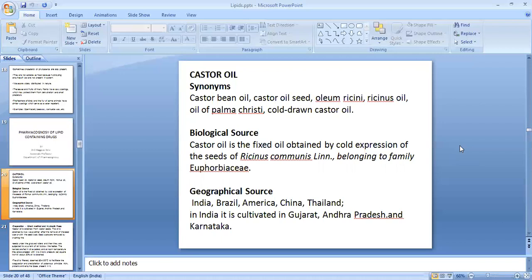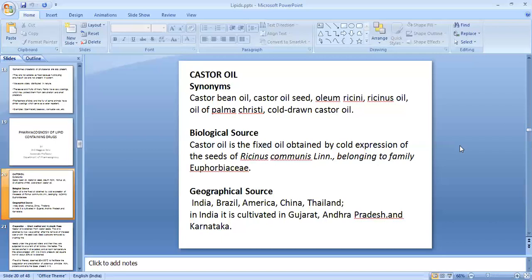In Bangalore, if you see, these castor plants are very highly present on the roadsides and other places. This castor oil chemically contains lipids, and it is pharmacologically used as a laxative or a purgative.